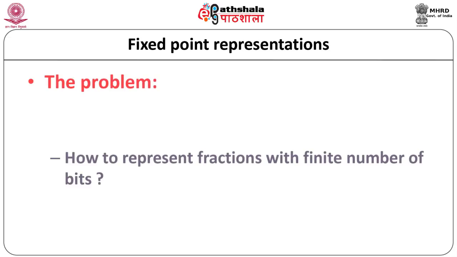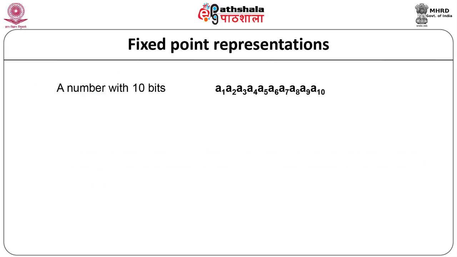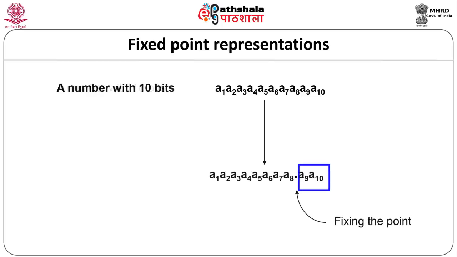The problem now is how to represent fractions with a finite number of bits. Let us consider a 10-bit number represented as A1, A2, A3, and so on, up to A10. Out of these 10 bits, the rightmost 2 bits can be used for storing the fractions.